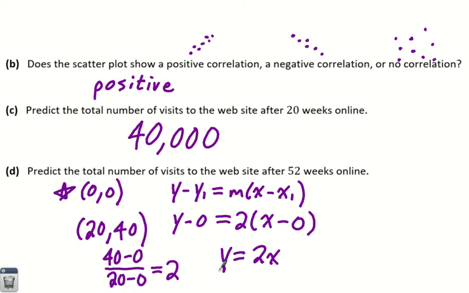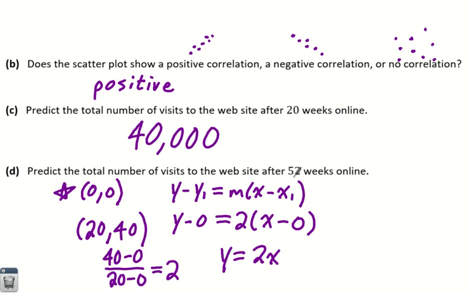Now remember that my x variable is essentially the number of weeks, and my y variable is my number of visits. Now in this equation, my y is going to be just the number of visits, but then you'd have to say 1,000 after that.